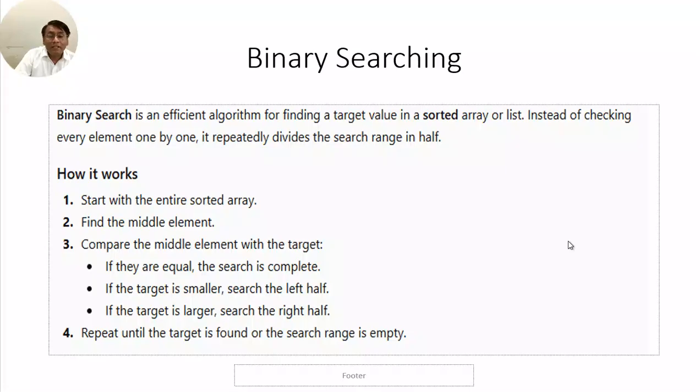Case 1, if the target is smaller, then search the left half. If the target is larger than the middle element, then we will definitely find this element to the right of the middle element, that is, search the right half. Step number 4, repeat until the target is found or the search range is empty.